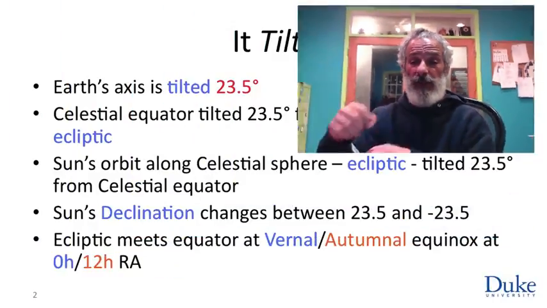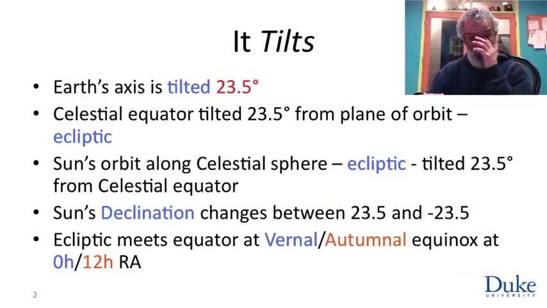And if you take two circles and tilt one with respect to the other, they're hinged, so there are two points at which they continue to meet. Those are the points where the hinge meets, and so those two points are the points where the ecliptic meets the equator.